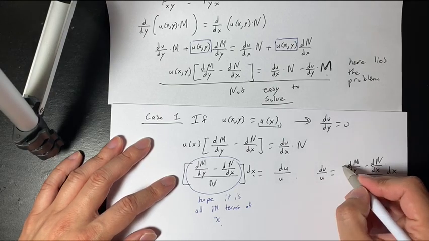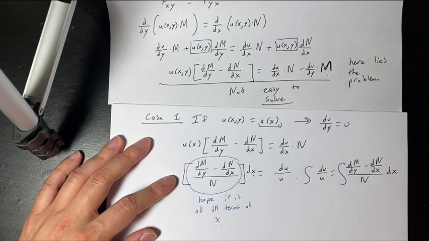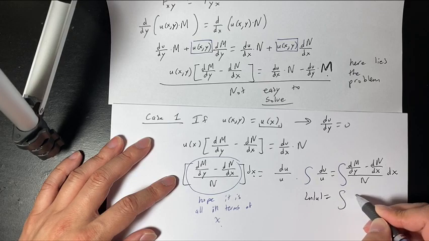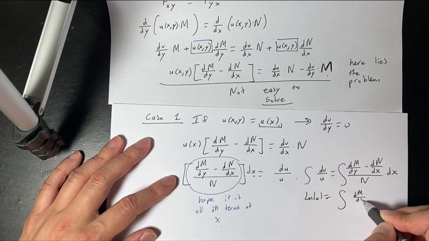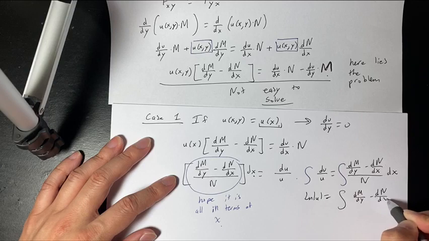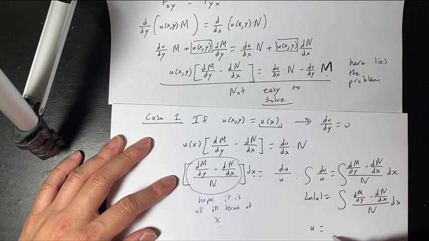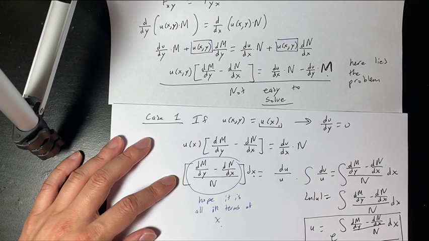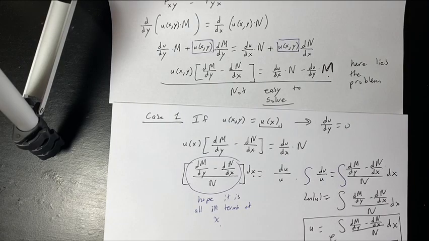All the x's on the right side, all the u's on the left side, and you get natural log of u is equal to this integral. And so u is simply this. And it's all divided by n.